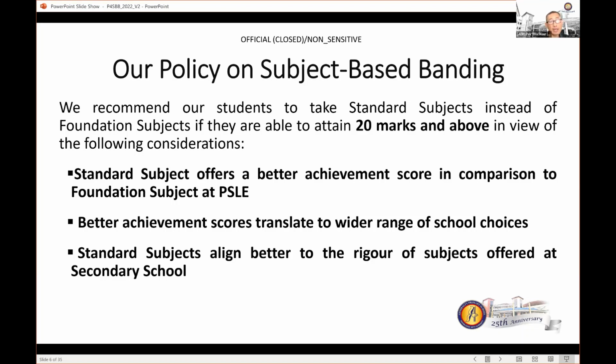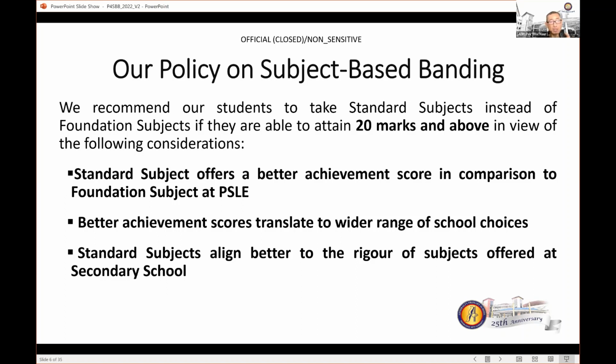So would we then feel that, oh, why not we just move the child to foundation so that it will be easier for the child? So sometimes that can come into play in our discussion. But the line that we will draw is, even if, knowing the child's performance, the child is still not able to get better than a 6, we will still, as much as we can, want to keep the child at standard level.